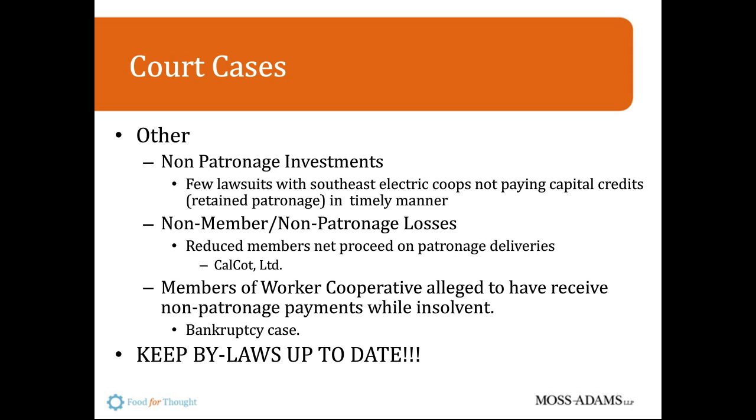I don't know all the facts regarding these, but I think it's a good thing to highlight and realize that typically the bylaws give the board of directors a whole lot of discretion about when and how to redeem patronage credits, or allocated equity, or whatever you may refer to it as in your particular bylaws in your co-op. A lot of discretion about when to actually redeem those credits.